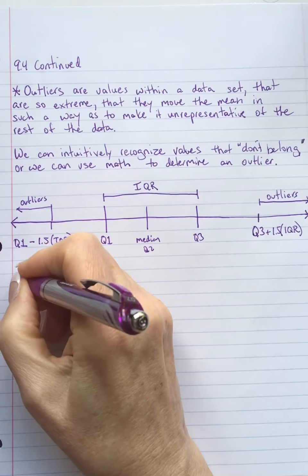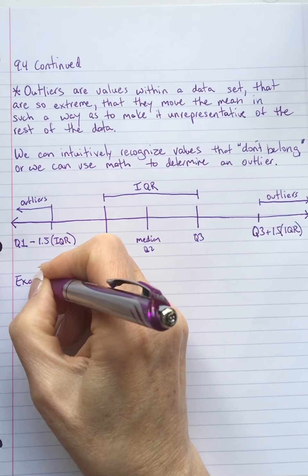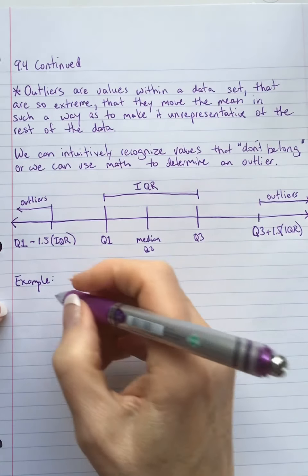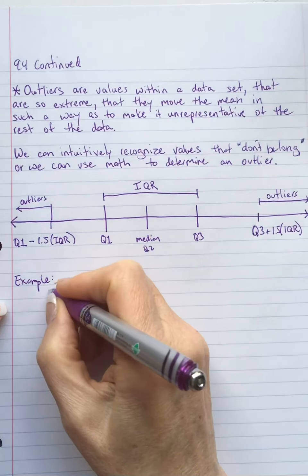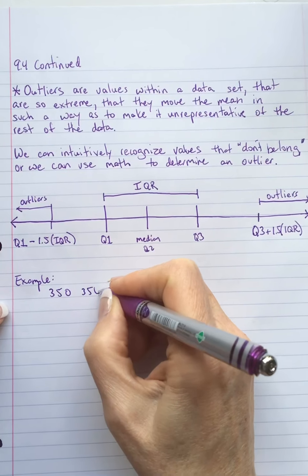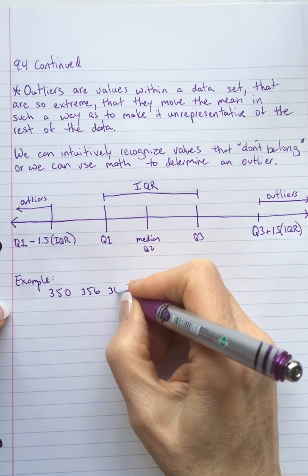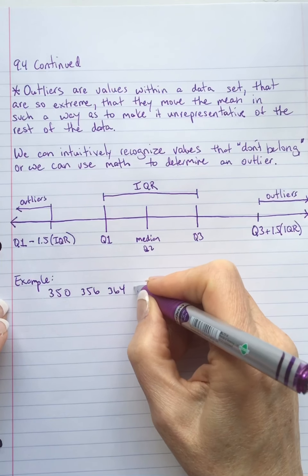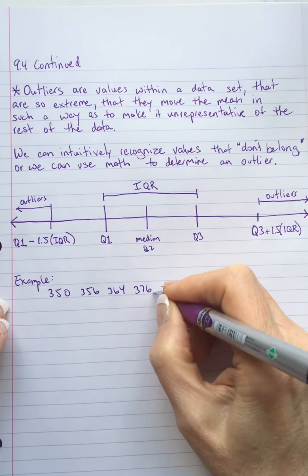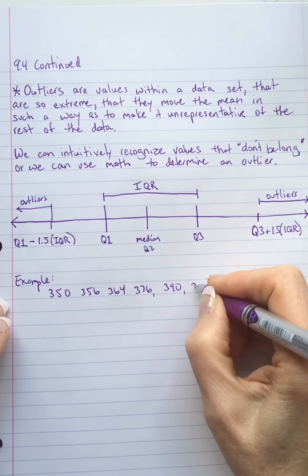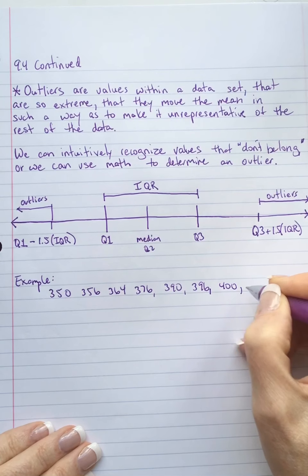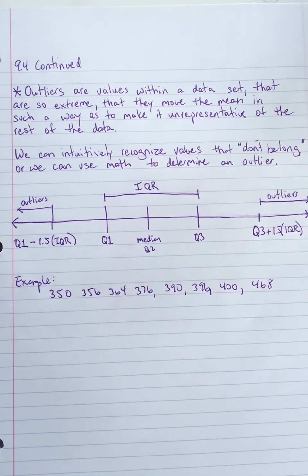So let's use an example. We'll go with 350, 356, 364, 376, 390, 396, 400, and 468.